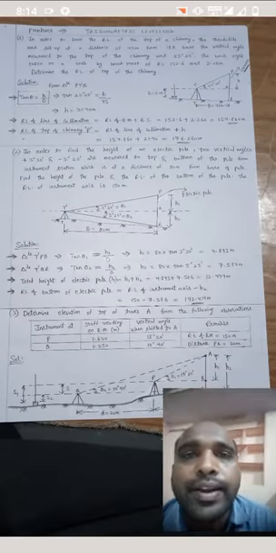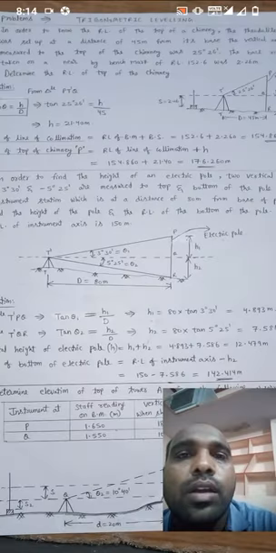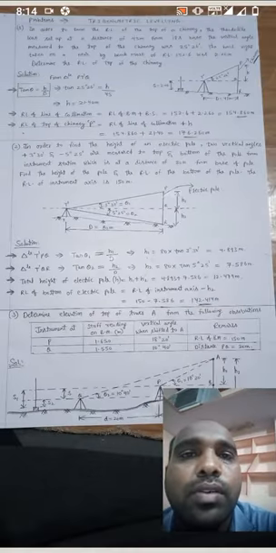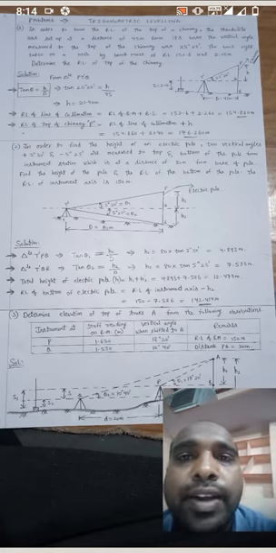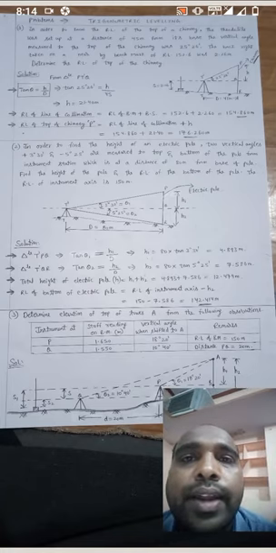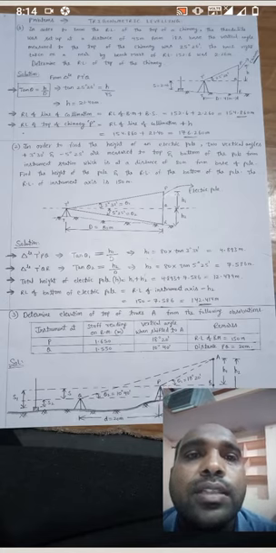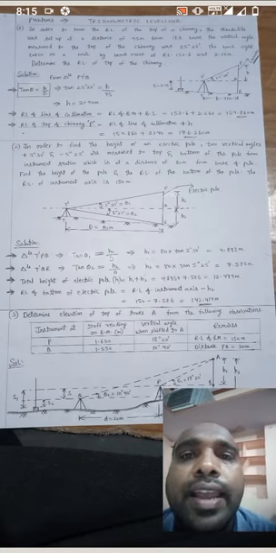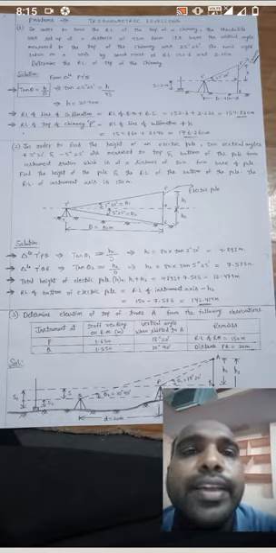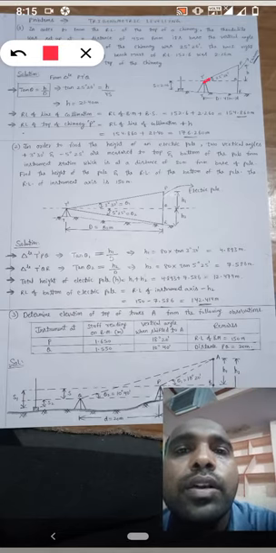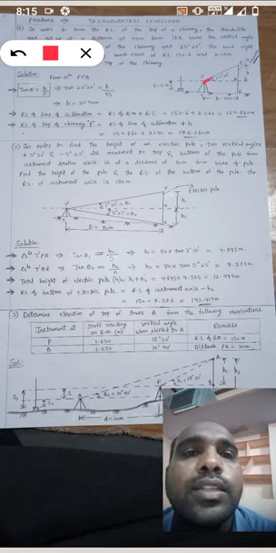So, trigonometric leveling. First problem here. In order to know the RL of top of the chimney, the theodolite was set up at a distance of 45 meters from its base. The vertical angle measured at the top of the chimney was 25 degrees 26 minutes.